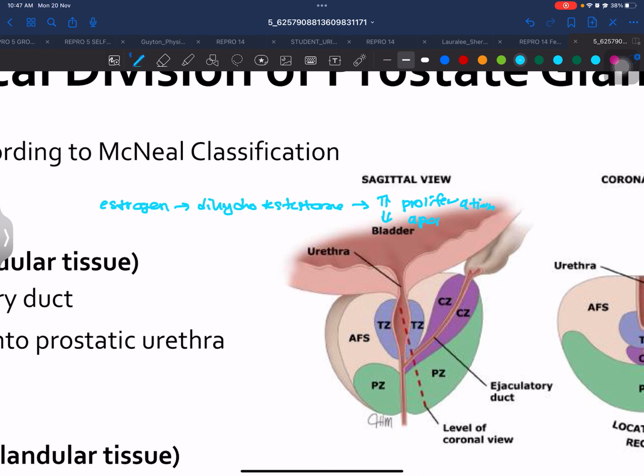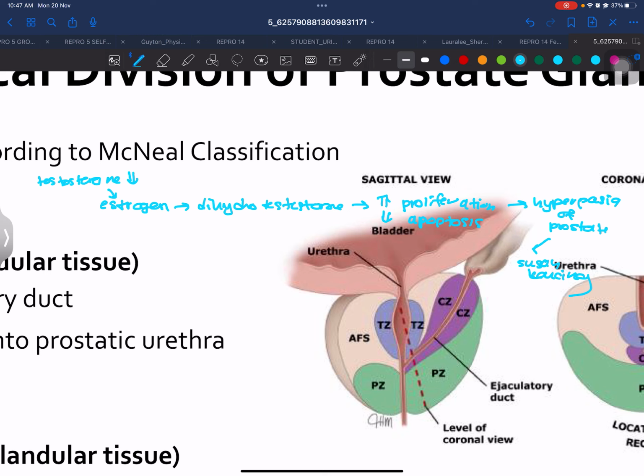It becomes hyperplasia. So this causes the prostate gland to enlarge, and it will constrict the urethra. Disebabkan itu, the older male, dia akan susah nak pergi kencing. Ada nocturia, dia ada urgency. These are the dia punya sebab.